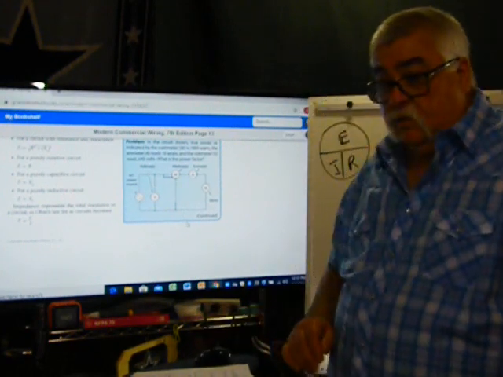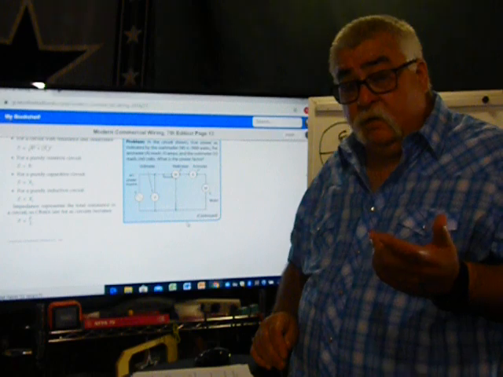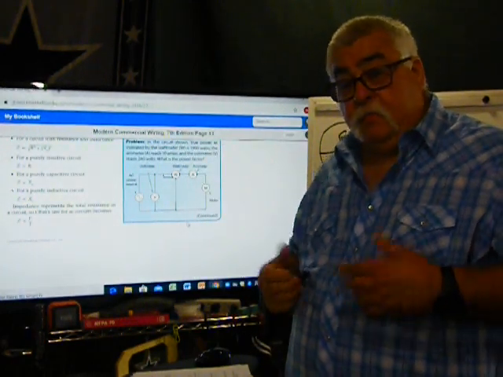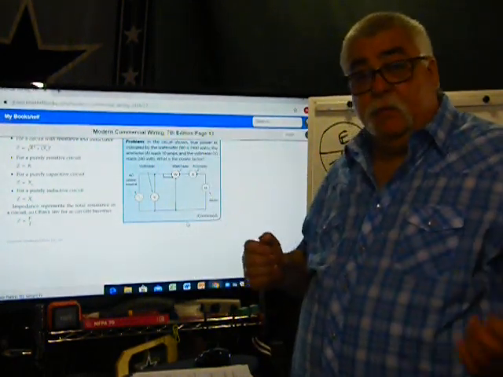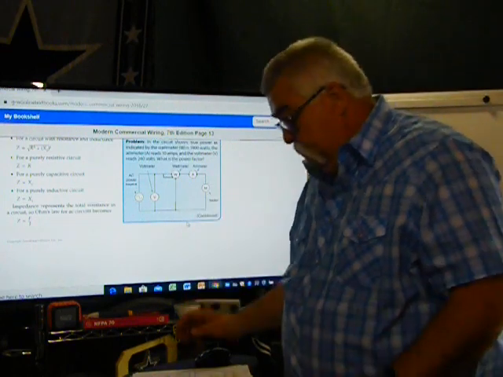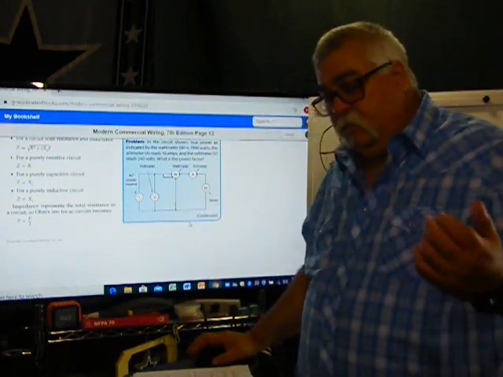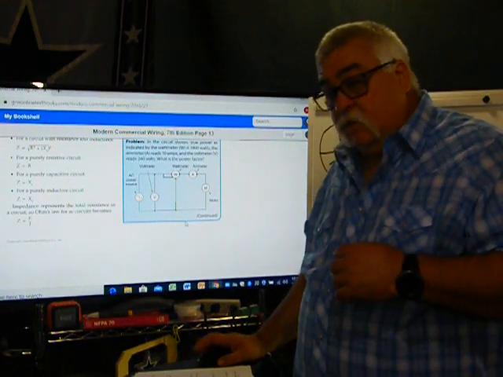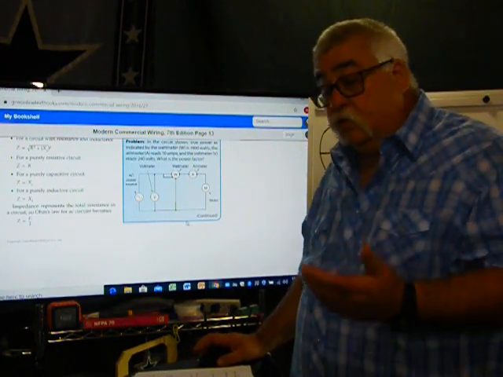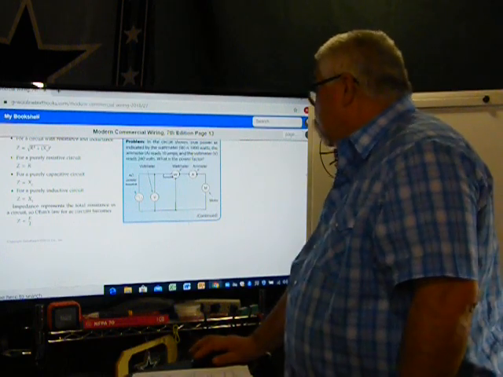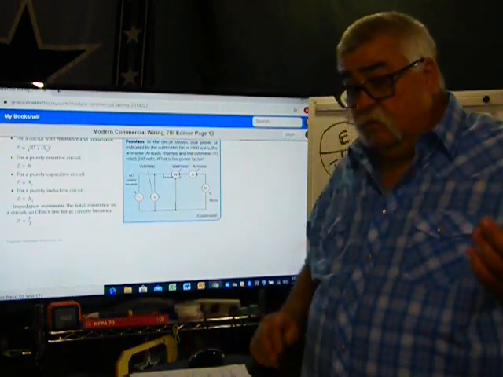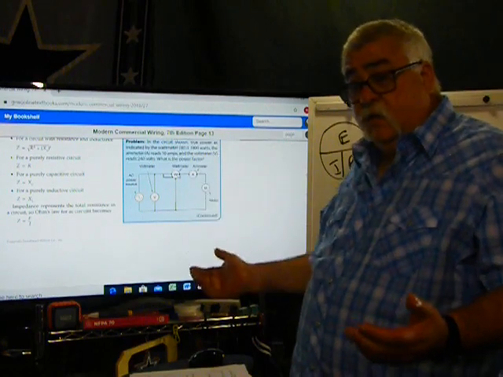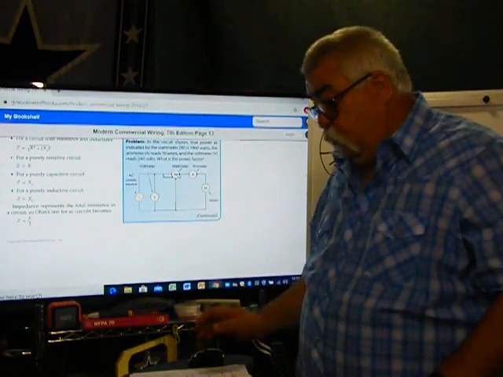So my true power is whatever the watt meter is reading, and my apparent power is what my amp probe and my voltage give. So amperage times voltage gives me wattage. Okay, this one is the utility meter. The utility meter is reading less than the other. So all of a sudden your power factor would be less than 100.